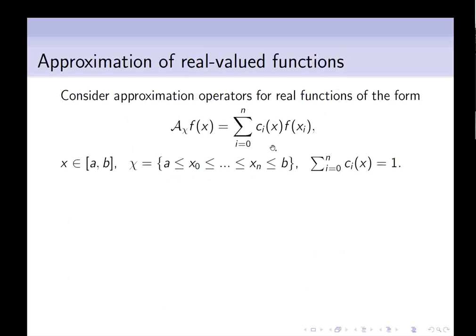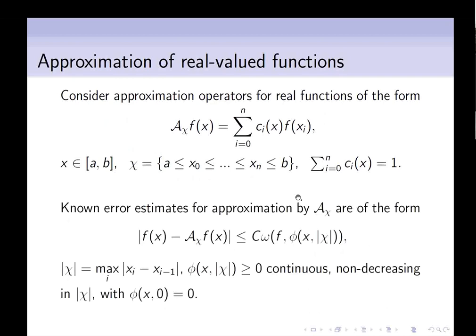We consider approximation operators of the following form. They are linear, sample-based, with coefficients summing up to 1 in order to reconstruct constants. Here H is the underlying partition. Suppose that these operators approximate single-valued, real-valued functions with these error estimates. Omega is the modulus of continuity of f.